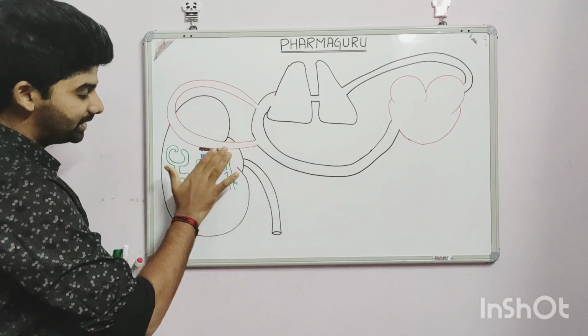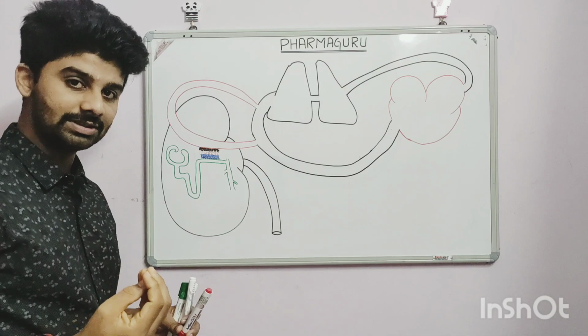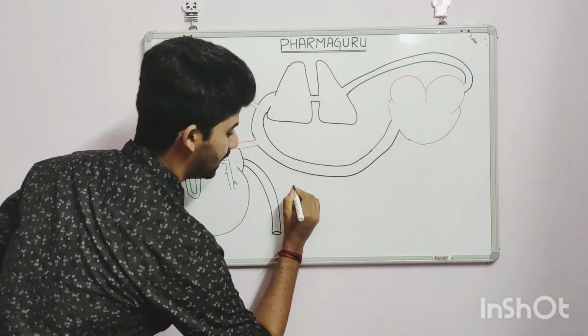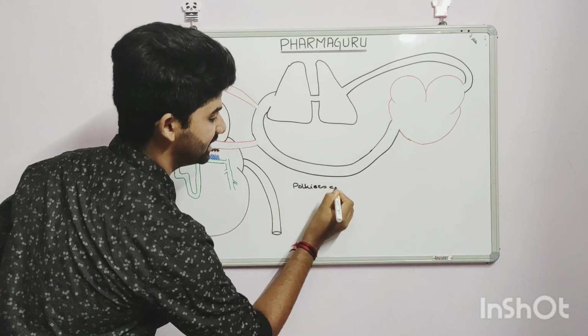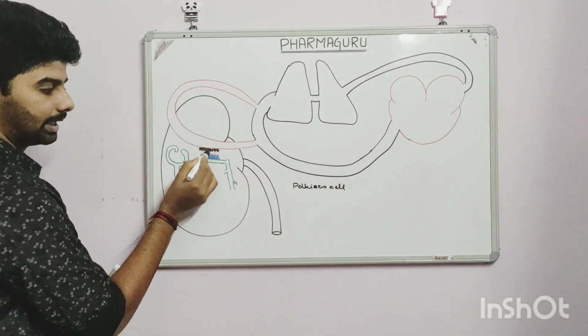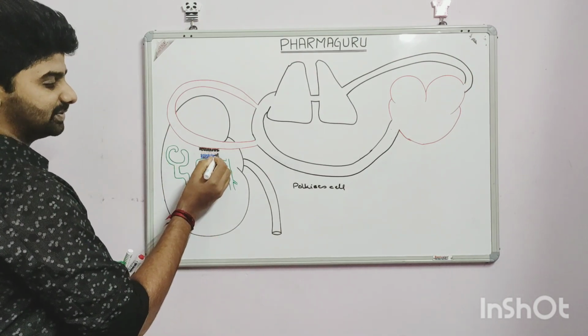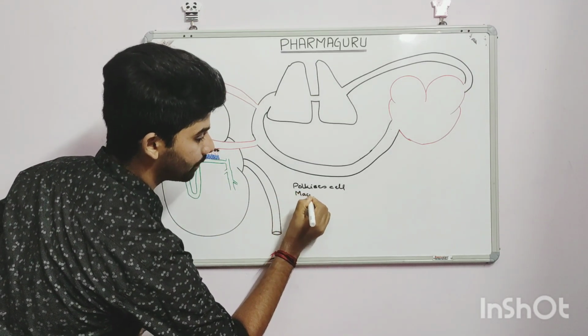The blood vessels in the kidney contain a specific kind of smooth muscle cells that are known as Purkinje cells. So the ones I have drawn in black are the Purkinje cells. Adjacent to the Purkinje cells, there are some other cells that are known as the macula densa.